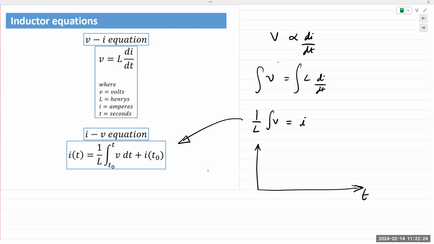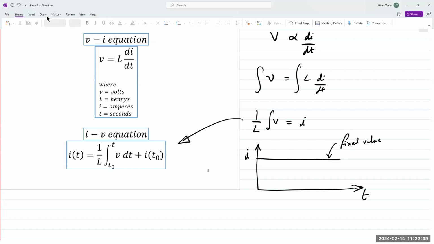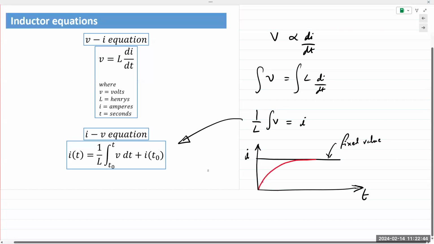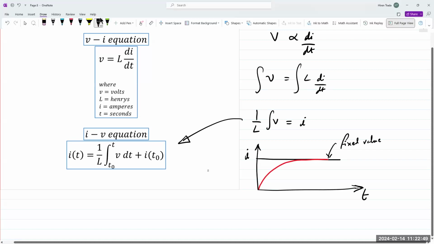So x-axis is time, and let's say we apply a voltage or a current that is constant, DC or fixed value, meaning it does not change its value with respect to time. So an inductor, it takes some time to reach that point, that maximum point, okay? So the voltage and current for an inductor and capacitor are functions of time.